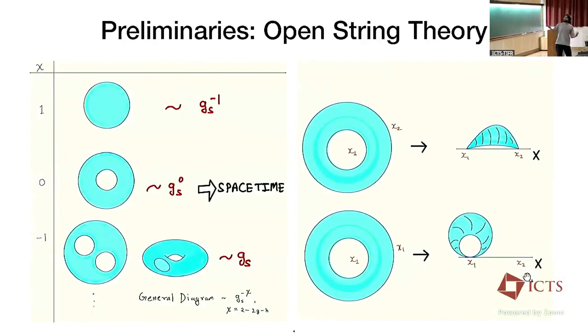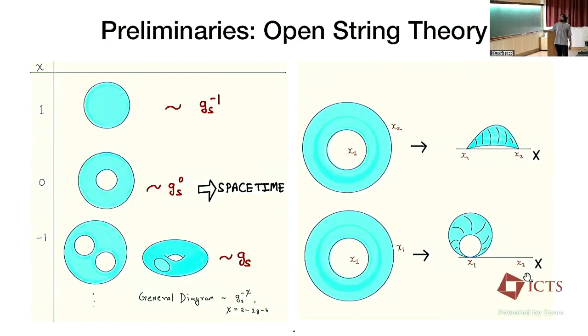And these are some examples of world sheets with boundaries. The most basic one is the disk, then comes the annulus, and then comes the disk with two holes, or torus with one hole. A general diagram in this setting is proportional to the string coupling to the power of the negative of the Euler characteristic chi. That's why you have these scalings with the string coupling.